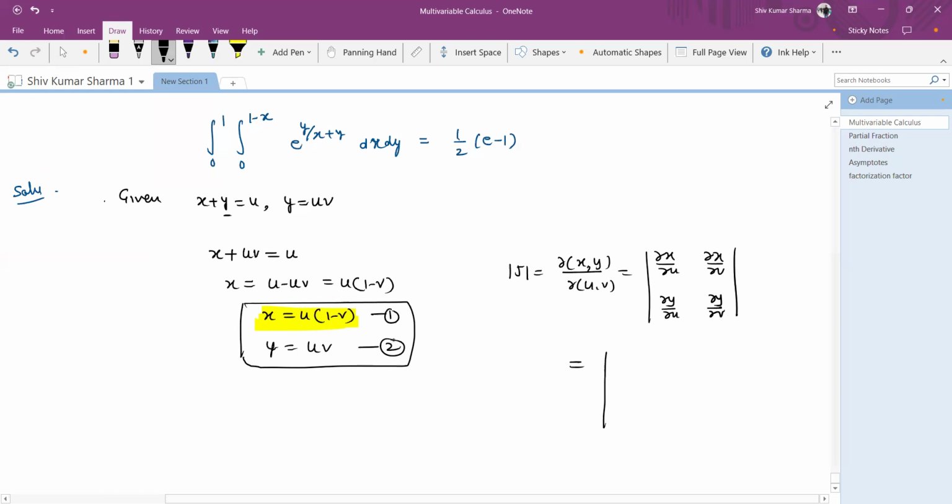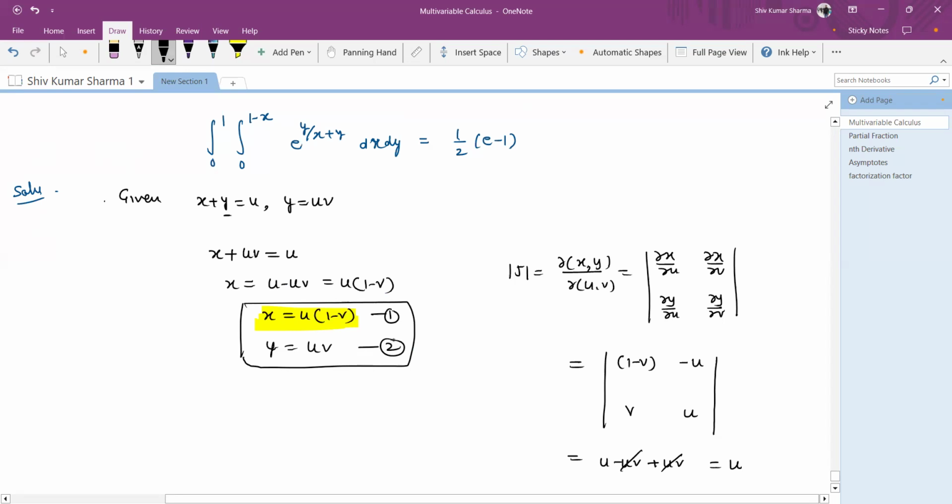Del x upon del u is 1 minus v, del x upon del v is minus u, del y upon del u is v, del y upon del v is u. So we can write u minus uv plus uv, the uv terms cancel, which gives us u. So the value of the Jacobian is u.